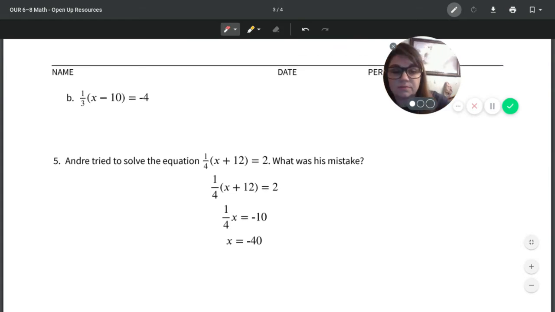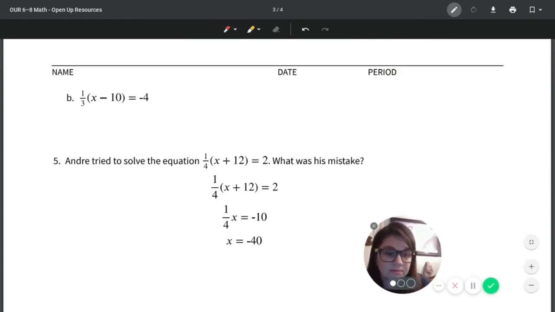Oh, I almost skipped one. I'm going to move me down here. Okay, the next one, B, is the second part of number 4, and it has a fraction. And your first inclination may be to distribute this, but I want you to remember that the easy way to do this, or what I consider the easy way, you may not find it to be the easy way, but for me, the easiest way to get rid of that fraction is just to multiply it by its reciprocal.